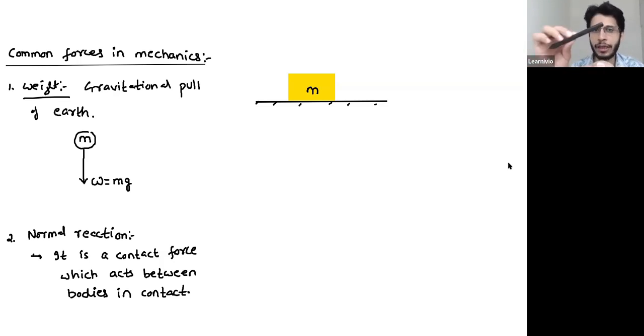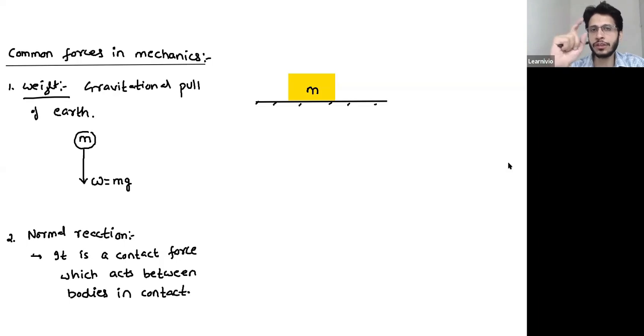Earth is trying to pull this pen in the downwards direction. But along with gravity, there is one more force, known as normal reaction, acting on the pen, and that normal reaction balances the weight. That's why this pen is not going in the downwards direction.